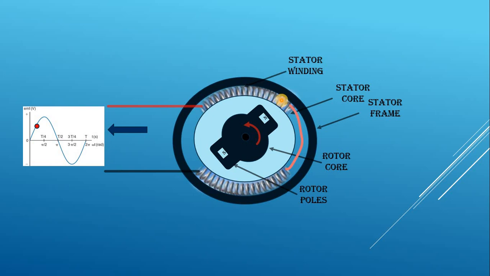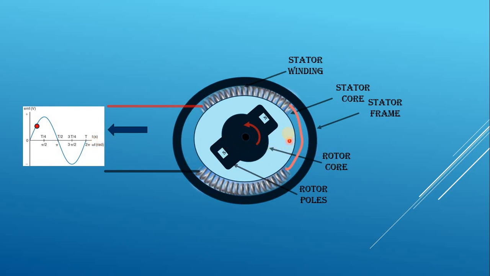Since the opposite pole comes near the coil, induced EMF will be in the opposite direction, so it starts to increase on the negative side. When the south pole comes exactly under the coil, induced EMF will be maximum but in the negative direction. When the south pole moves away from the coil, induced EMF decreases, but also in the negative direction.